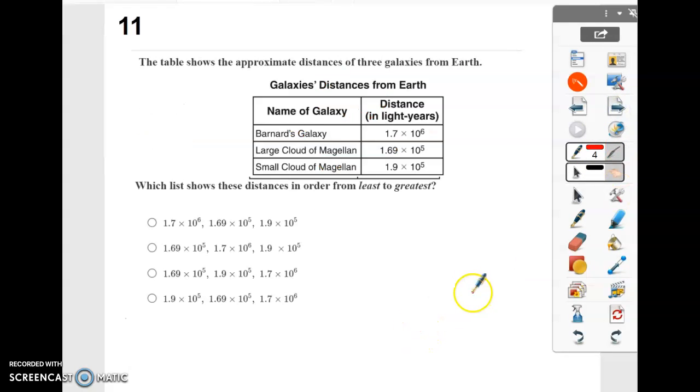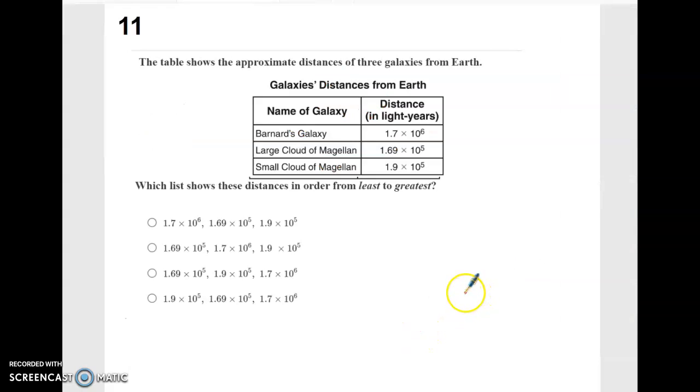Number 11. The table shows the approximate distances of 3 galaxies from Earth. Which list shows these distances from least to greatest? Okay, so we're going least to greatest. In scientific notation, because you get 10 to an exponent, your biggest exponent is going to be your biggest number.